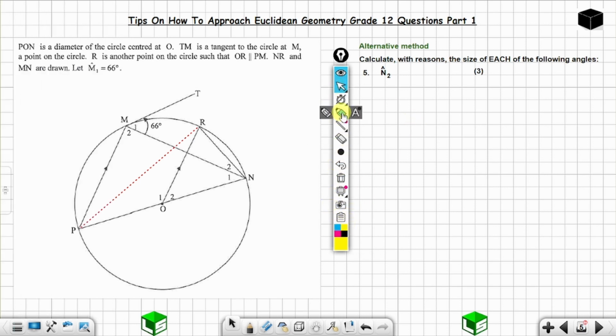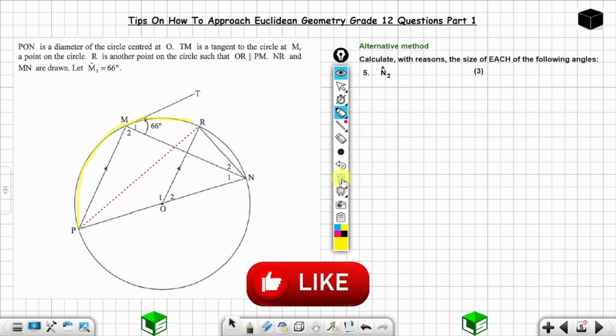So you can try to imagine that you have a chord from P to R. Now you have this angle at the center, which is subtended by this chord or this arc. Can you see this arc?